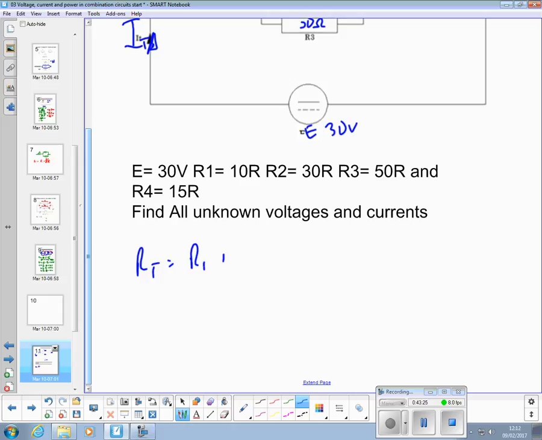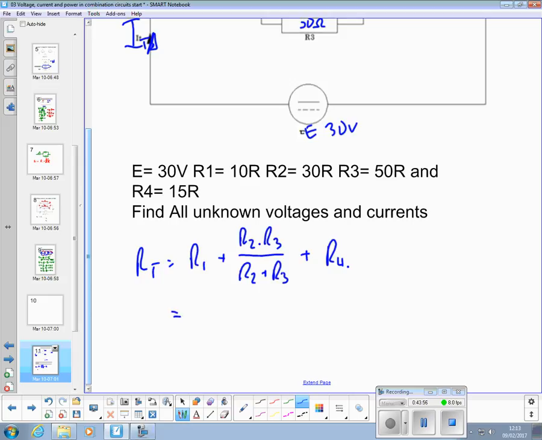R1 plus R2, R3 all plus R4. Yeah. If you're more comfortable doing that bit separate and then adding the other two on, you'll still get the same answer, although you might have a bit of rounding in there with that bit in the middle.